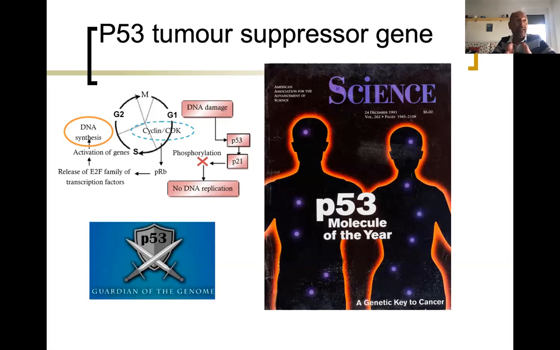Actually, this is very true. Not 100%, but roughly 50% of cancers have mutations in P53. So it's an important step. Inactivating P53 is one of the main mechanisms for a cancer to become a cancer.